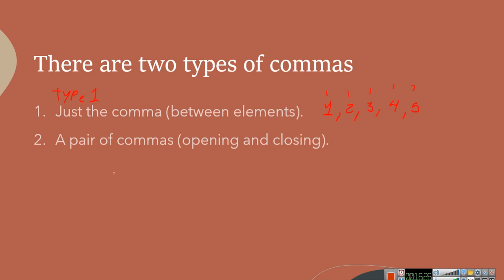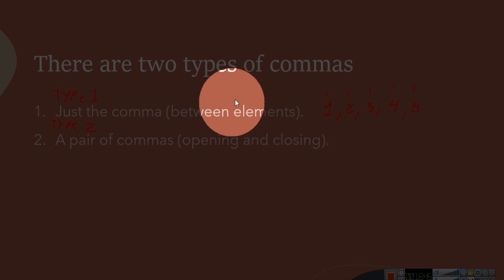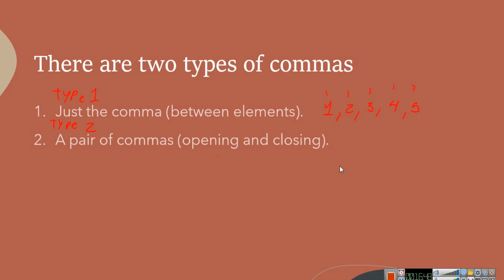But we also have type 2. We call that a pair of commas. And we use that for groups of elements. We have an opening comma and a closing comma. So for example, when it's just the comma, I'm using 1, 2, 3, 4, 5.